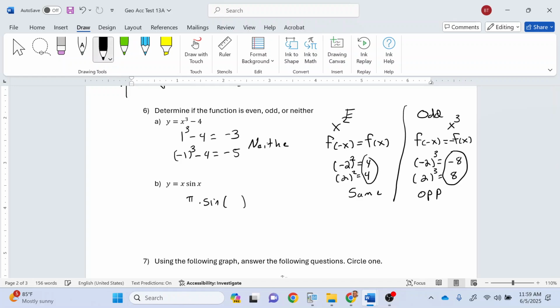So we're going to put pi/4. When you're dealing with real numbers, it's radians. So when I plug in pi/4, this is pi/4 times √2/2, because sine at 45 degrees is √2/2.